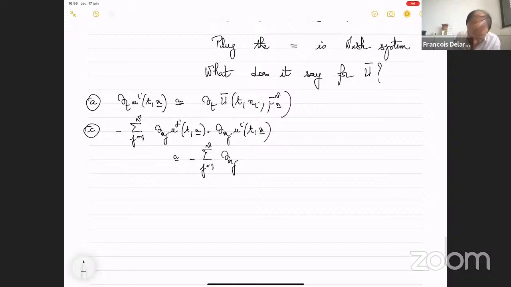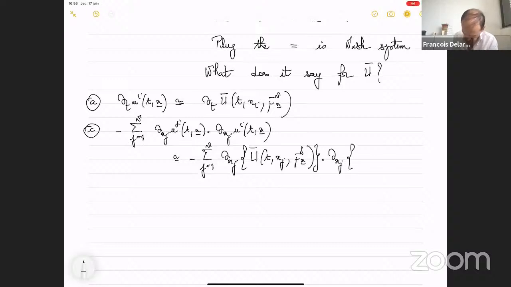So I will have dxj u bar t xj mu bar N x underline, inner product dxj u bar t xi mu bar N x underline. So the empirical measure.